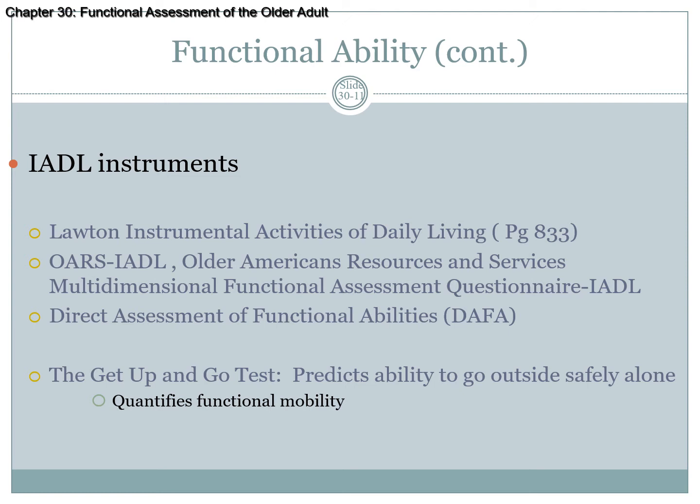We have the Get Up and Go test that we can use to measure physical performance on that patient. What that is, it gives us reliable information on the person's functional mobility status. It's quick, it's easy, we don't need anything in order to do it. All we have to do is observe the patient getting up from a chair, walking about 10 feet, turning around and walking back and sitting down on the chair.